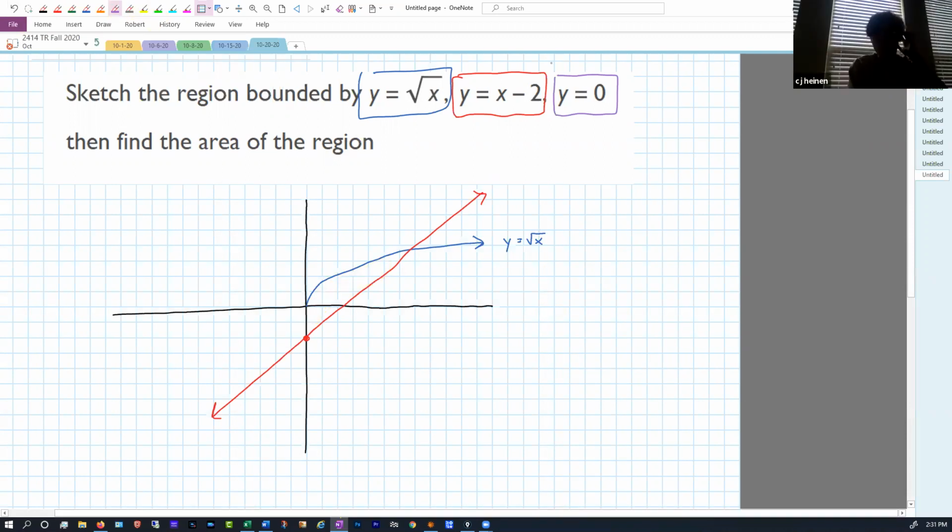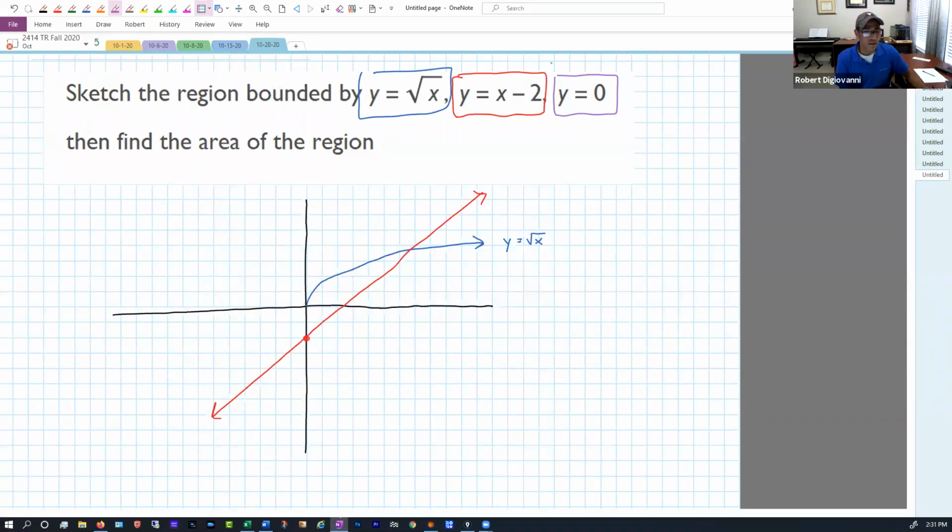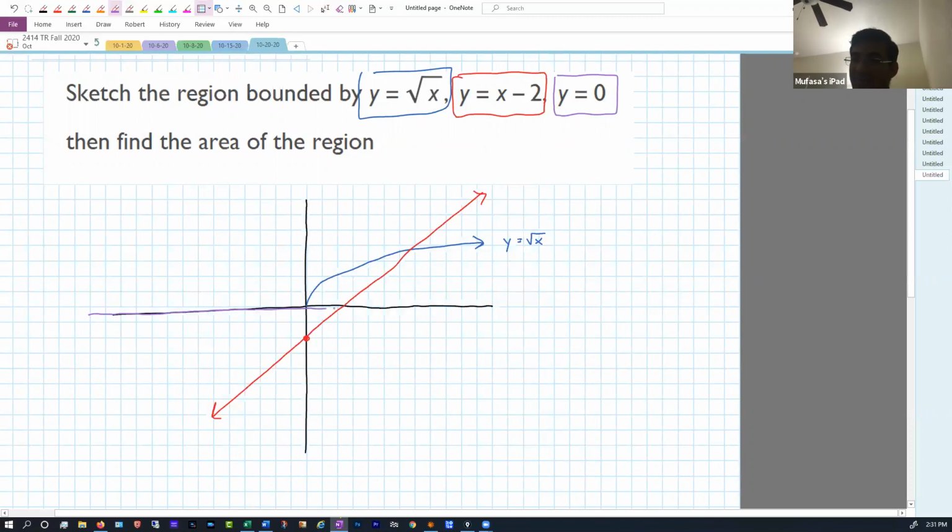Y equals 0 is the x-axis. So y equals 0 is this one right here. See that? Got that? So now do we have a region? Yes, the region is this right here.